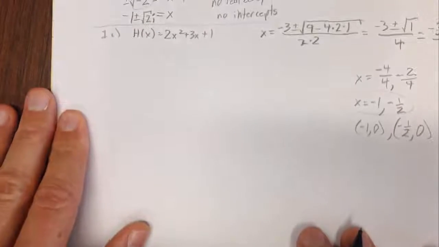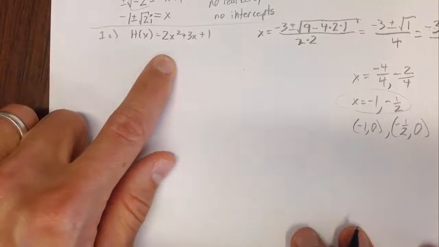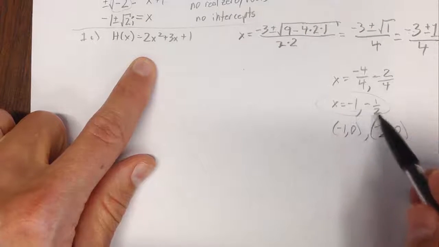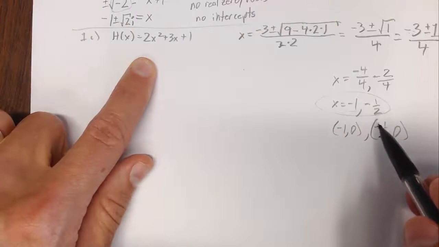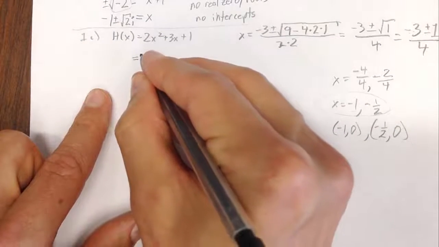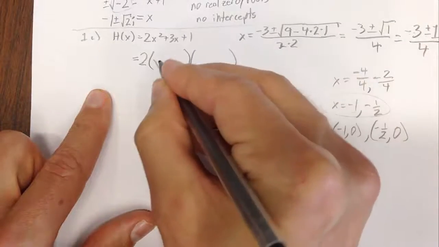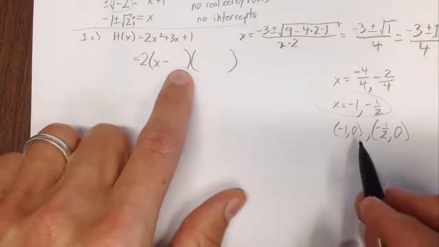I think it's worth mentioning how you would factor this completely with that information. If you take these values, whether they're integers, rational numbers, irrational numbers, what you're going to do is you're going to say this is 2 times x minus the first solution.